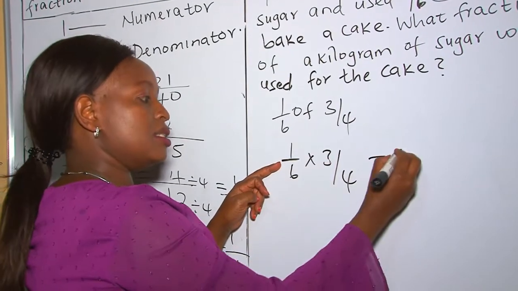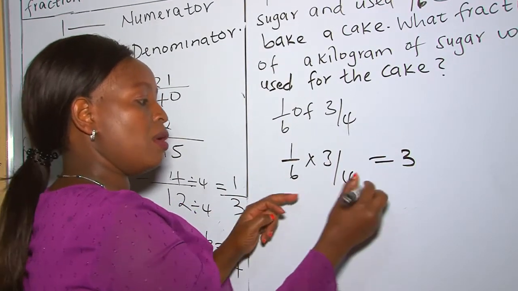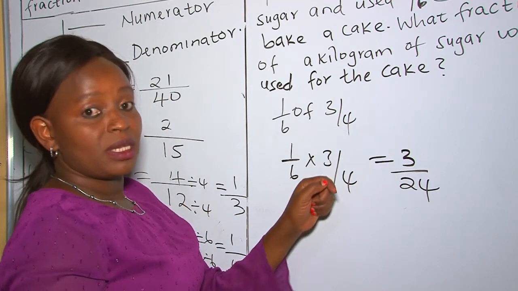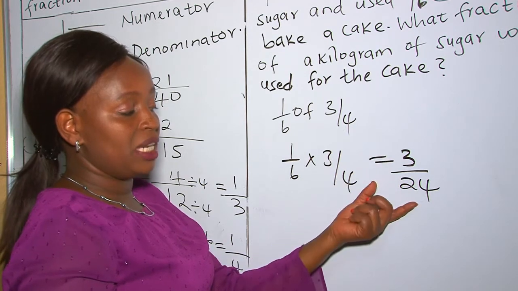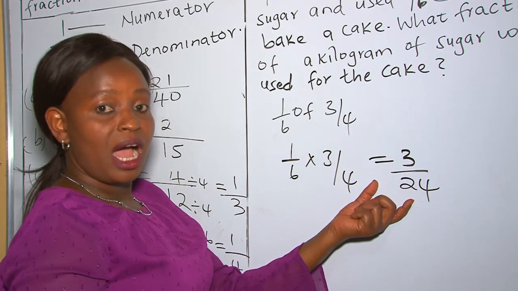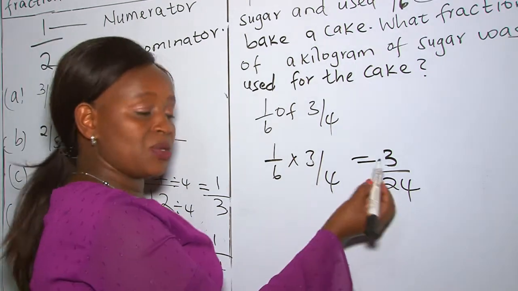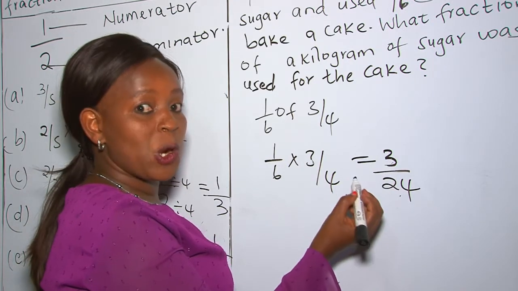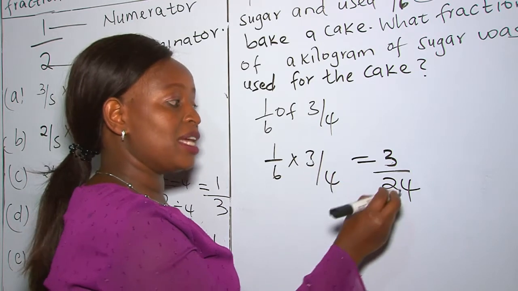These are our numerators. So 1 times 3 is 3, and 6 times 4 is 24. And as you can see, our numerator and our denominator have a common divisor. 3 and 24 have a common divisor, and the common divisor is 3.